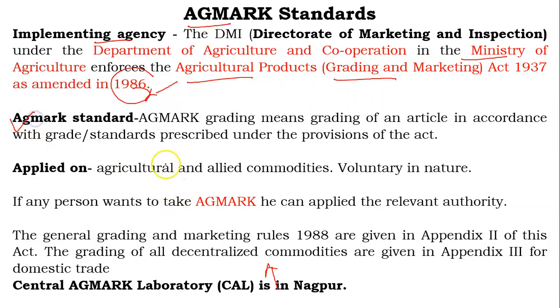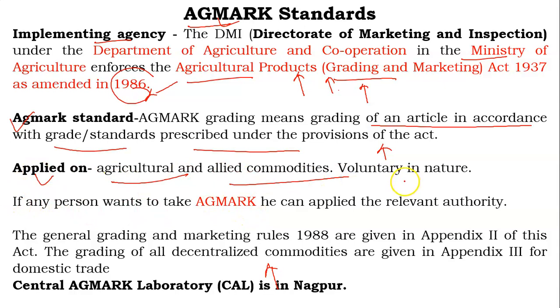What does this Agmark standard do? Agmark standard grading means grading of an article in accordance with the grade standard prescribed under the provisions of this act. If any food article complies with the provisions given under this act, then Agmark can be given to this product. It is applied on agriculture and allied commodities, and it is voluntary in nature.